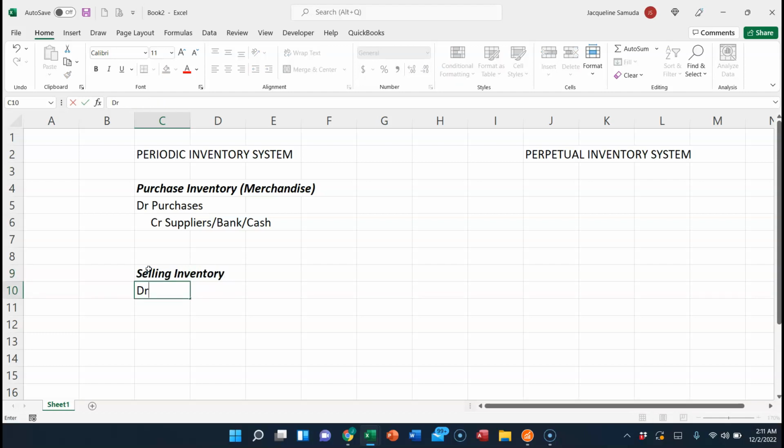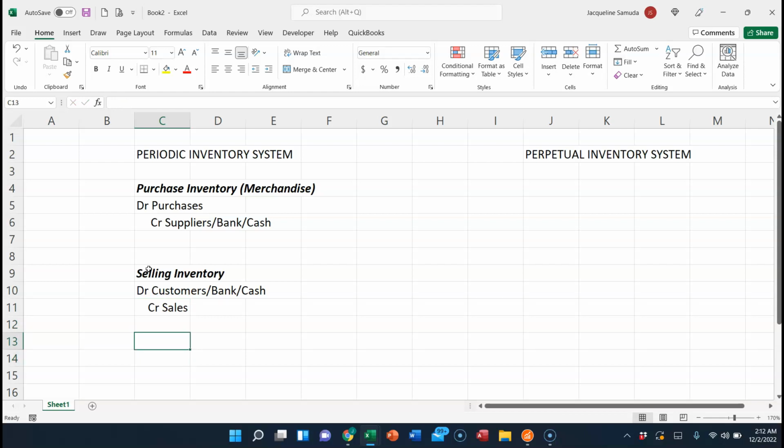You debit customer if they are purchasing goods from you on credit, or debit bank if the customer is paying you by check immediately as the goods are received, or they're paying you by cash, in which case you debit cash. And then you would credit the sales account. And that is how you record the sale of inventory.